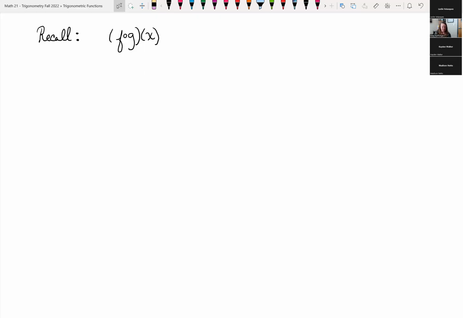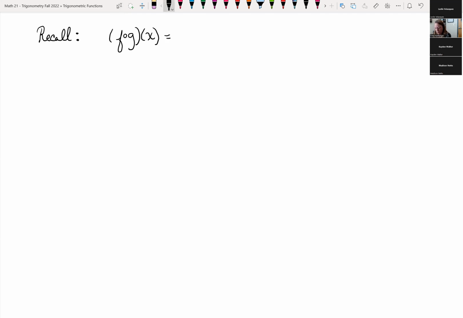So let's look at a couple more examples, but for this next example, you have to remember how to take a composition of two functions. So in front of us, we have, recall, parentheses f with a little circle in between g and parentheses x. So that reads f of g of x.